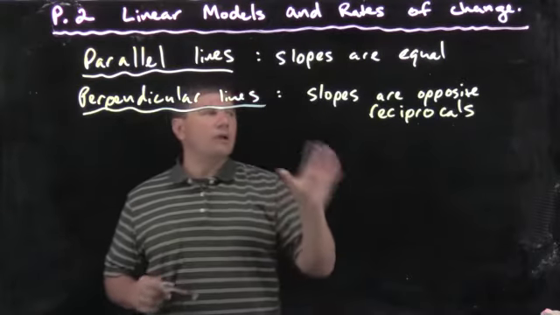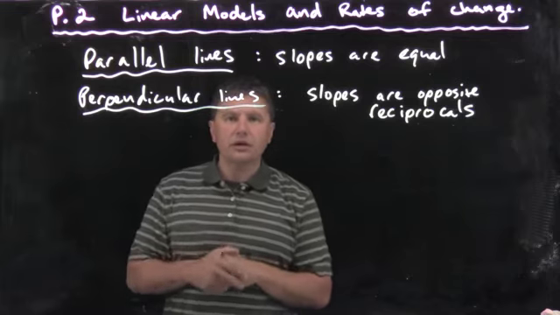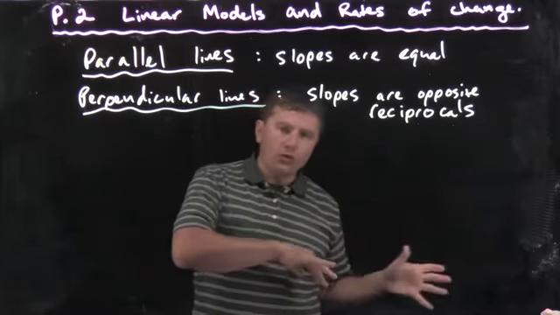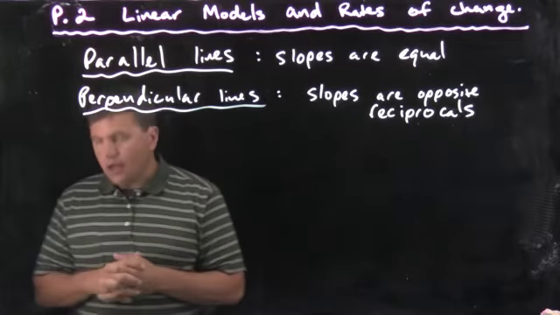Okay? Now what I mean by opposite reciprocals, if one of them is positive 3, the other one is negative 1/3, or vice versa. Okay, so one's negative, one's positive.